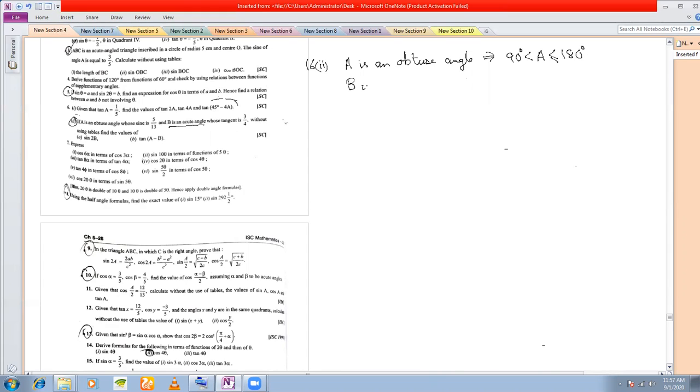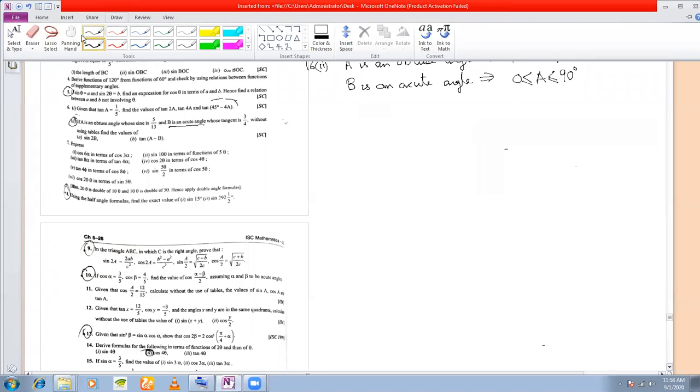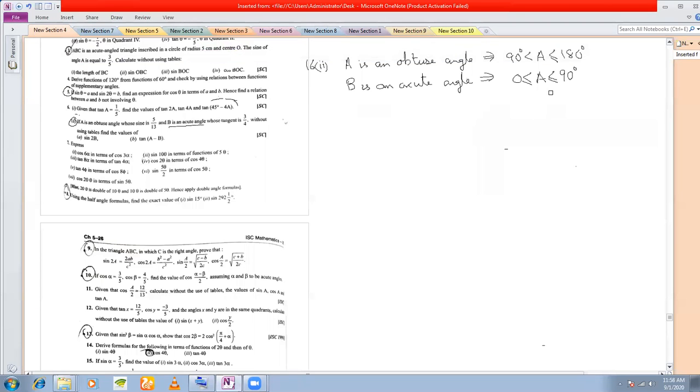And B is an acute angle, which means B has to lie between 0 and 90 degree, right? Isn't it? Yes, sir. So B lies between 0 and 90 degree.